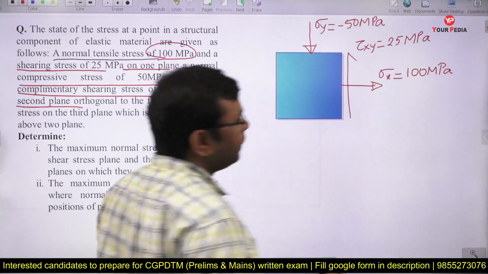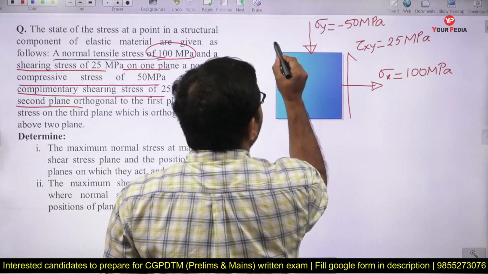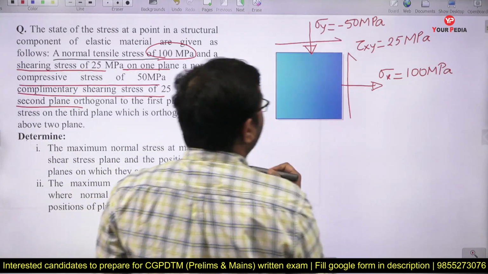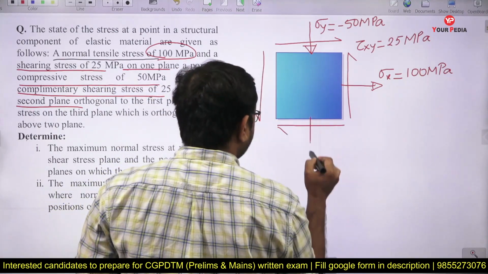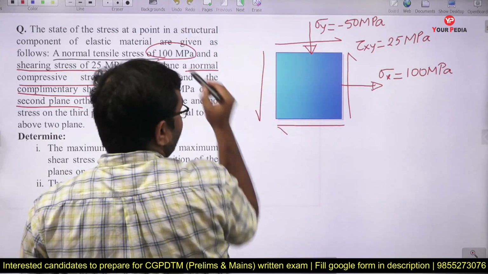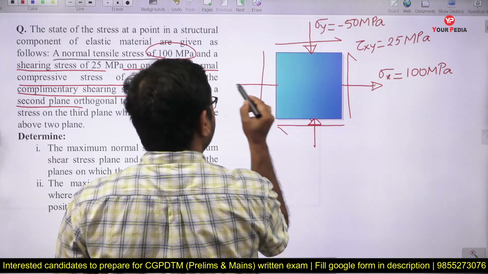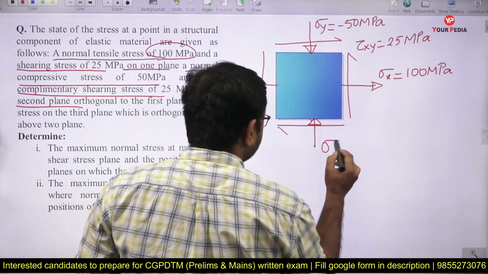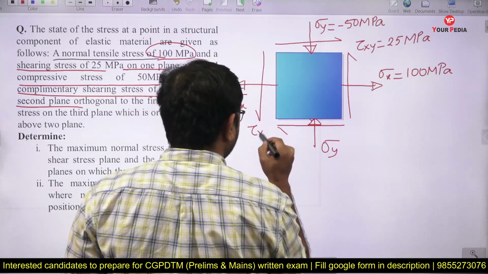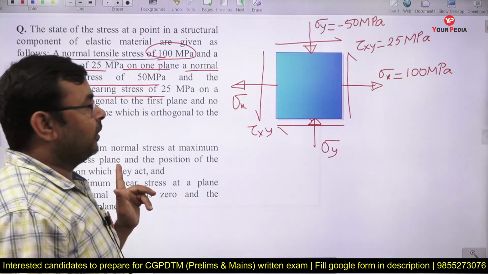In the y plane we have compressive stress with a magnitude of 50 megapascal and it also has complementary shear stress, yes or no? So can I represent the state of stress like this, is it clear? This is sigma x, this is sigma y and this is tau xy, yes or no? So this is the state of stress which is given in the question.